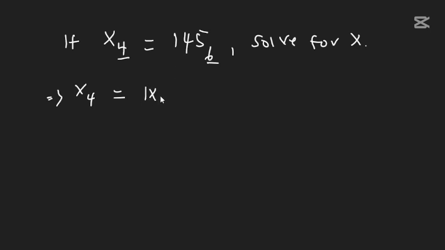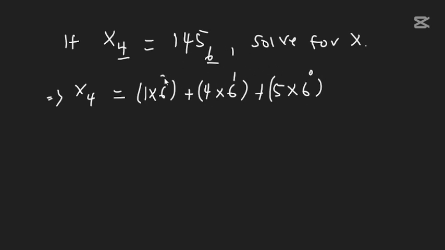So we have 1 multiplied by 6 plus 4 multiplied by 6 plus 5 multiplied by 6. In terms of place values, we have 0, 1, 2. So this is giving us 1 multiplied by 6 exponent 2 is 36 plus 4 multiplied by 6 exponent 1 is 6 plus 5 multiplied by 6 exponent 0 is 1.